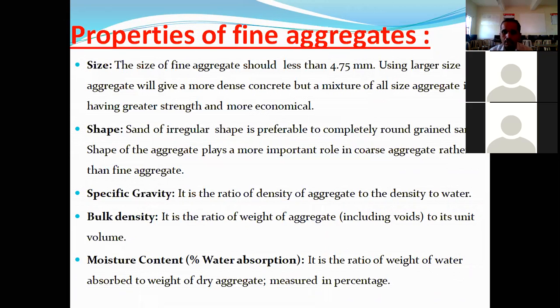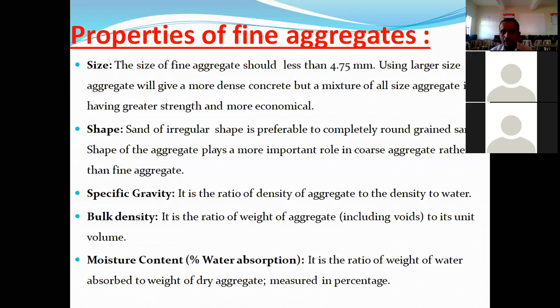So to avoid this adverse effect on the concrete, we require aggregate with less water absorption. The limit allotted is 5% for fine aggregate or coarse aggregate.